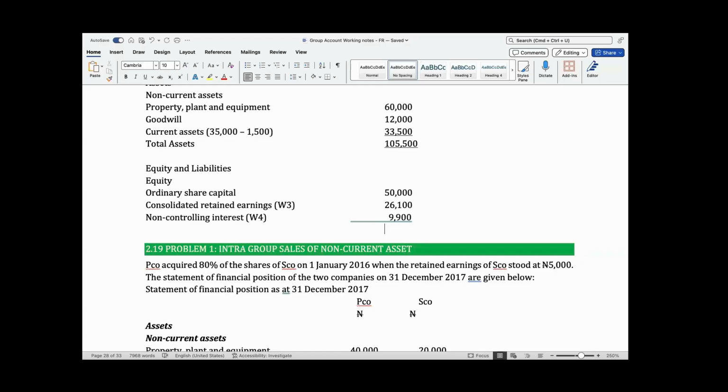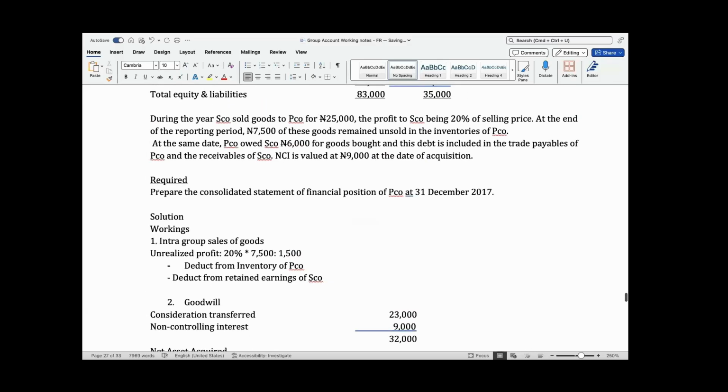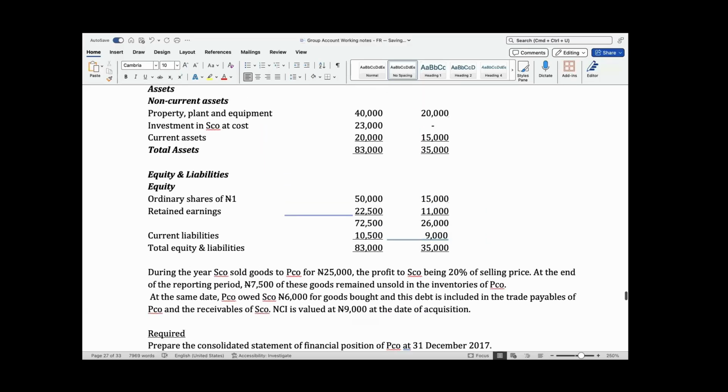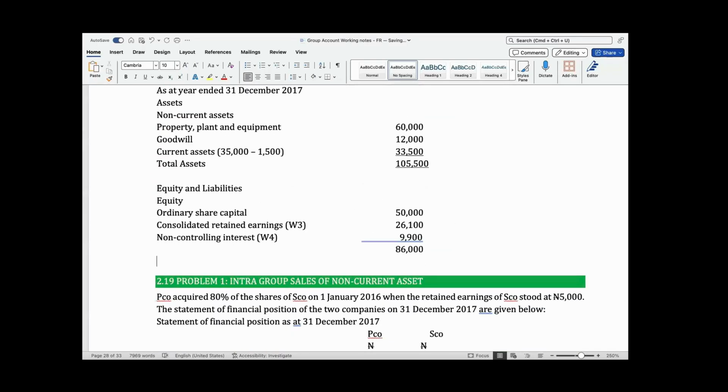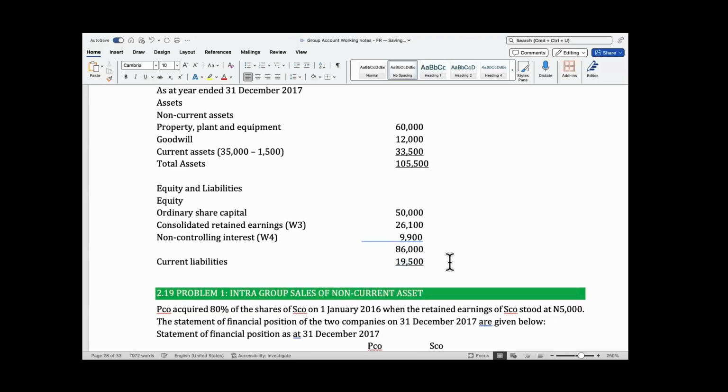It's 86,000. Okay. Then my current liabilities, how much is that? This is 19.5. How much does this give us? 105,500.